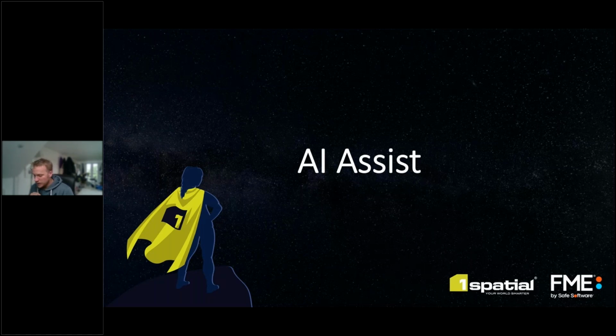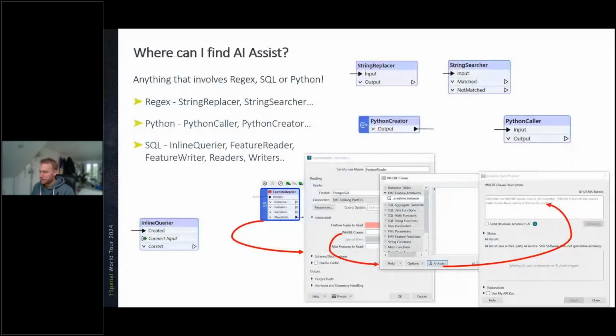Although we describe it, generally speaking, as a no-code authoring environment, in reality there are various commonly used transformers which allow us to leverage different scripting languages in order to complement our workflows and to query our data in different ways. And AI Assist has been developed to aid us in the production of these scripts or query writing. So let's take a closer look at that to begin with.